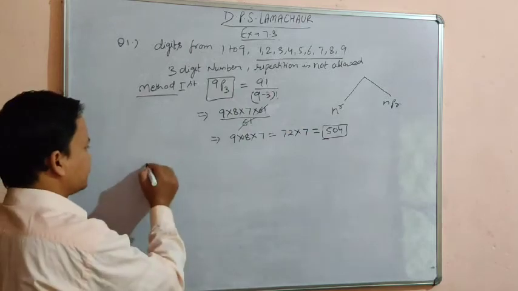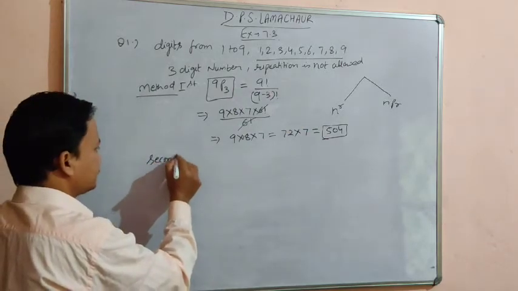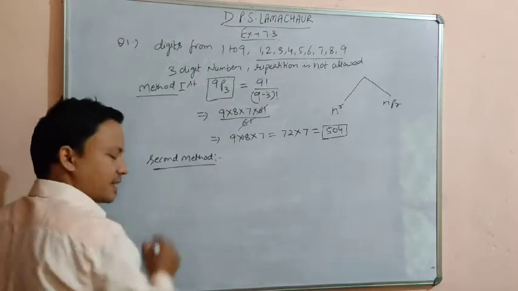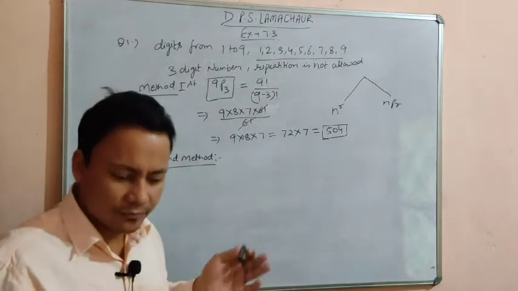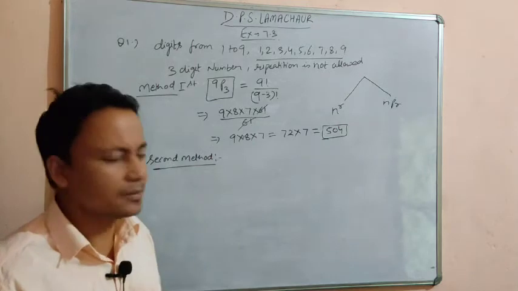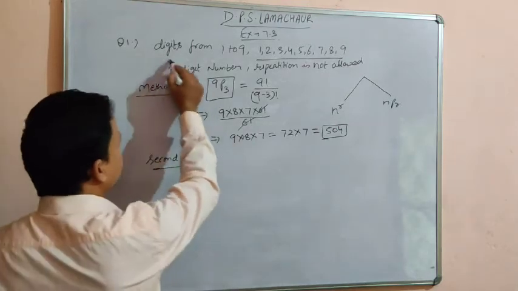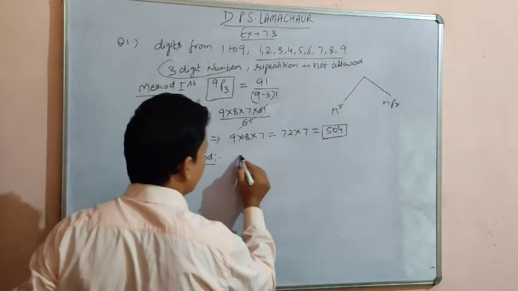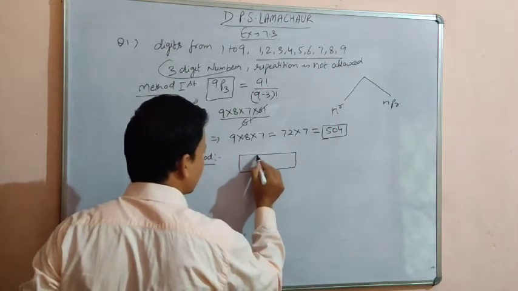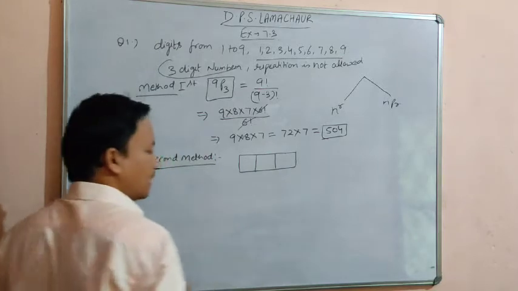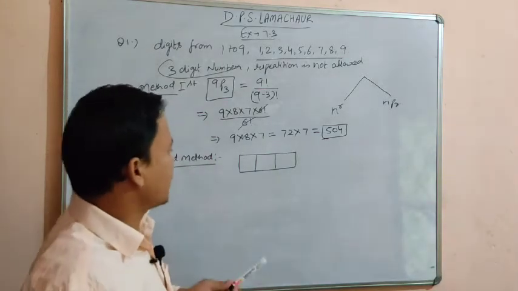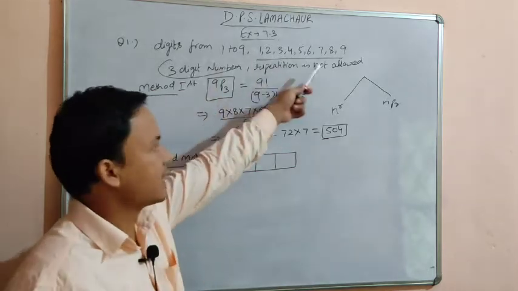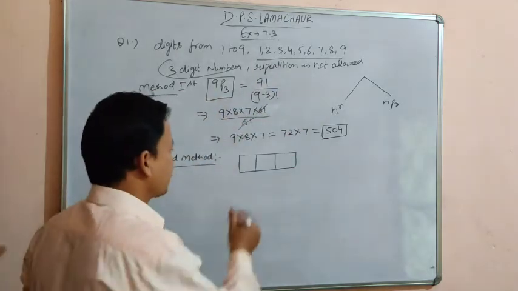Second method. What is the second method? Second method is known as filling the vacant space, or you can say filling the box method. So how many digits do you have to make? A 3-digit number. So you will make 3 boxes, 1 2 and 3. Now repetition is not allowed. So what are the possible number of options to fill the first box? There are 9 options to fill this box.